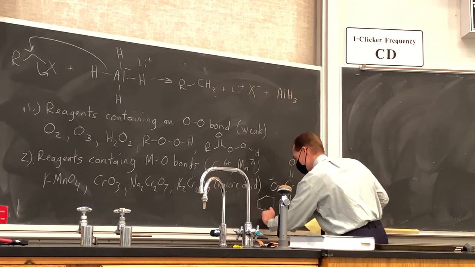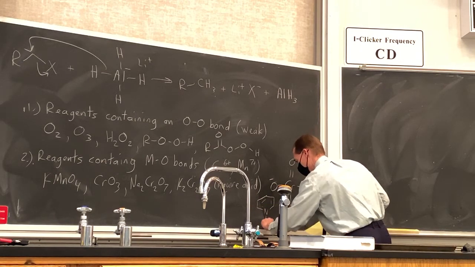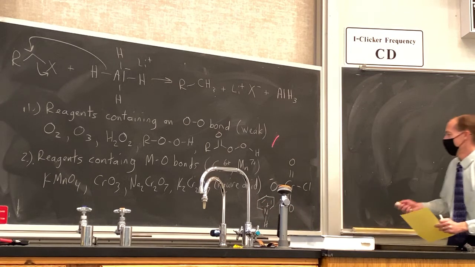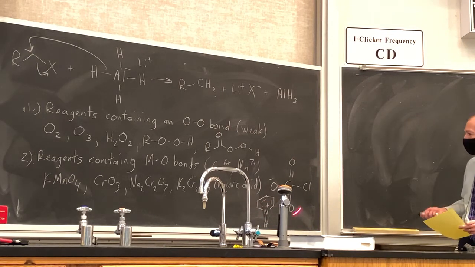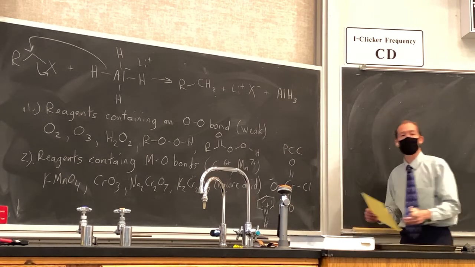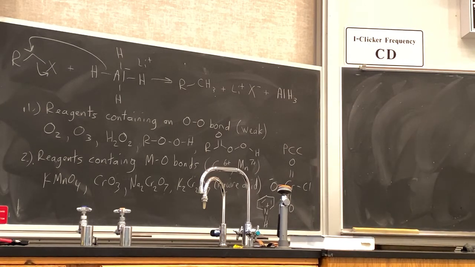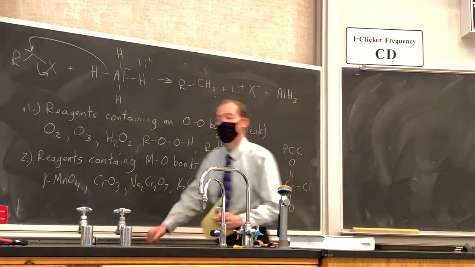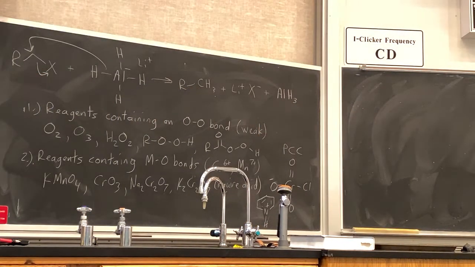It's known as pyridinium chlorochromate. It's this species right here. It's a pyridinium salt, and that's referred to as PCC. Okay, and we'll talk about how that differs from these other chromium reagents when we talk about alcohol oxidation, primarily on Friday. So the oxidation reactions we're going to learn are summarized on this slide.